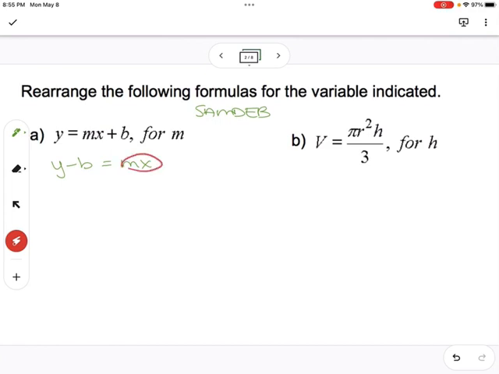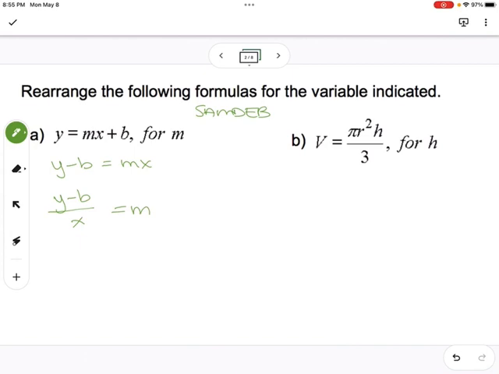Because this is multiplying, to get it to the other side, we divide. So y minus b over x equals m. Okay, so that's our new equation when we have m by itself.